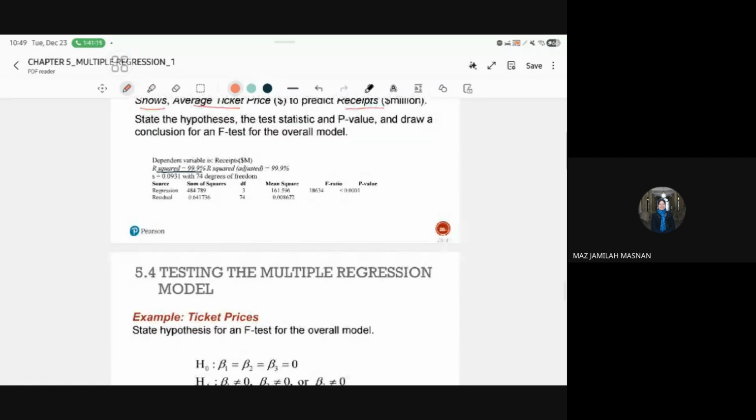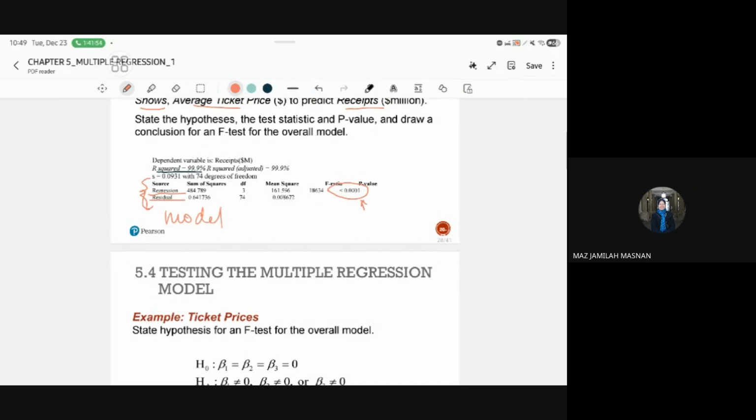Based on this model, we can see the p-value for this particular model. When you see regression and residual, this reflects the test for the model. Please make sure that when you have the analysis output, you know what that output refers to. In this case, the p-value is less than 0.0001, even smaller.